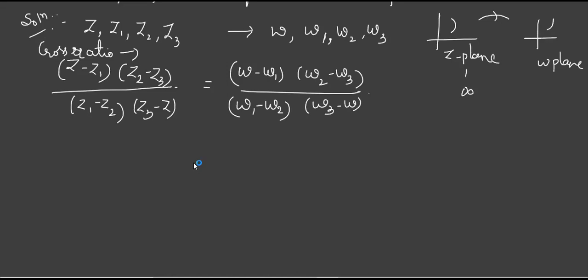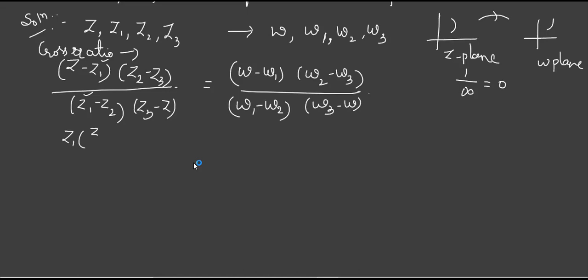So can you tell me what is 1 by infinity? 0. Is 0 problematic? Surely no. So what we'll do now, here Z1 is there in this bracket as well as this bracket. We'll take it common. Other all things will keep it same. So if I take a Z1 common, can you tell me what you'll get here? There is no Z1. What I have to do for this Z?